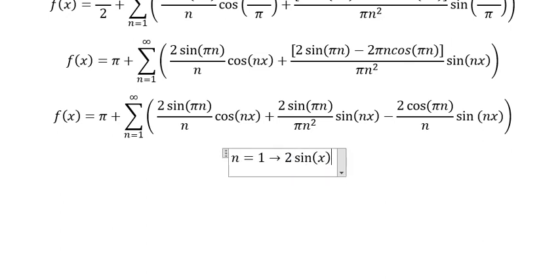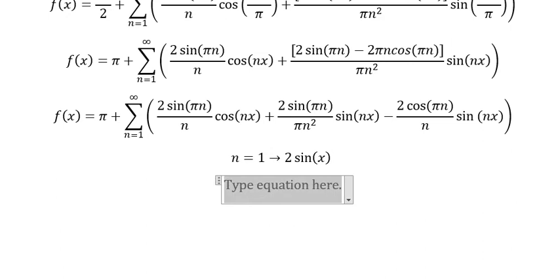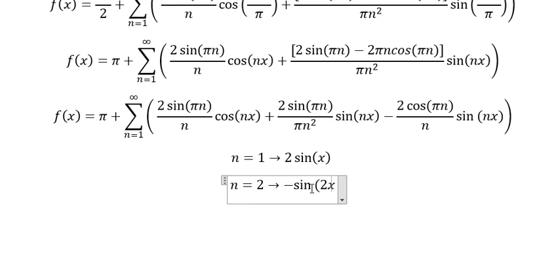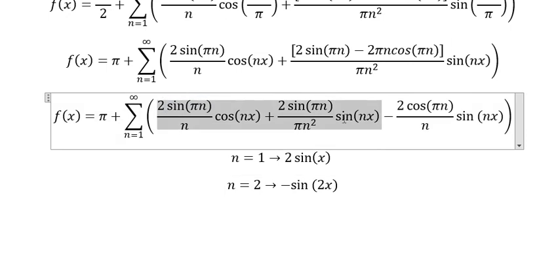Now if I put n equals to number 2, that should be negative number 1 sine of 2x. So that means when we put n1, n2, n3, everything in here, you got 0, because sine of 3b, sine 2b, 1b, and so on here, they always equal number 0.